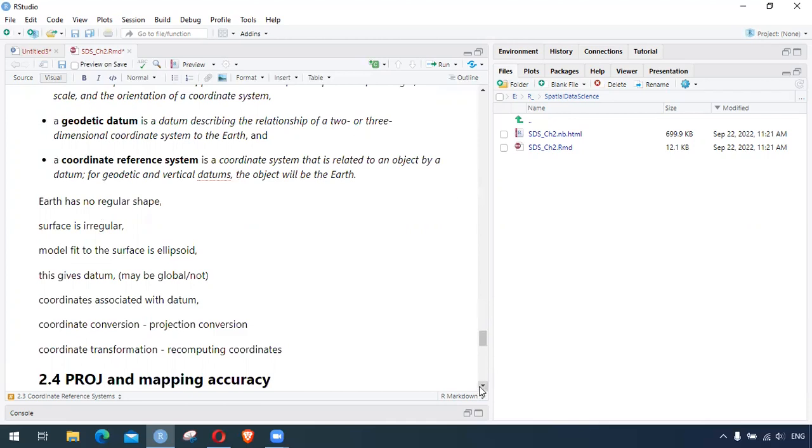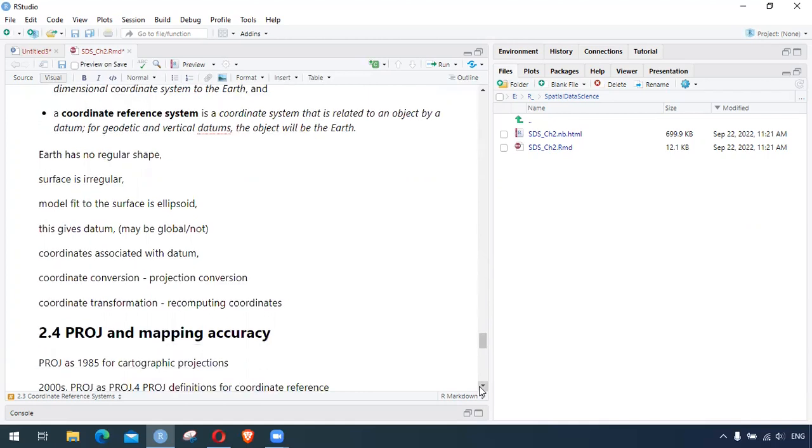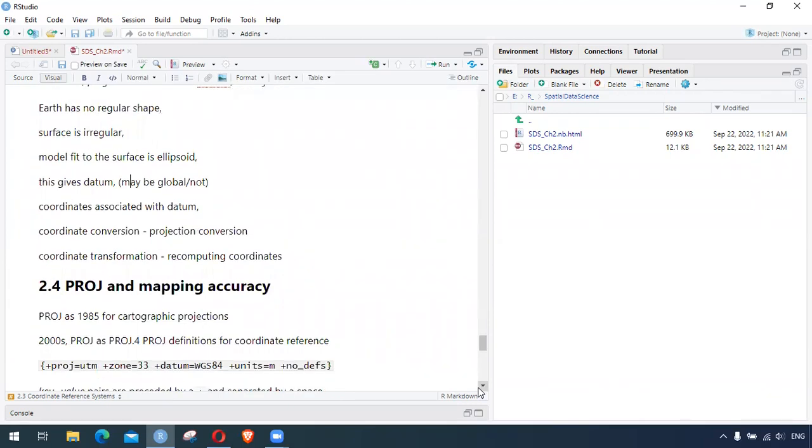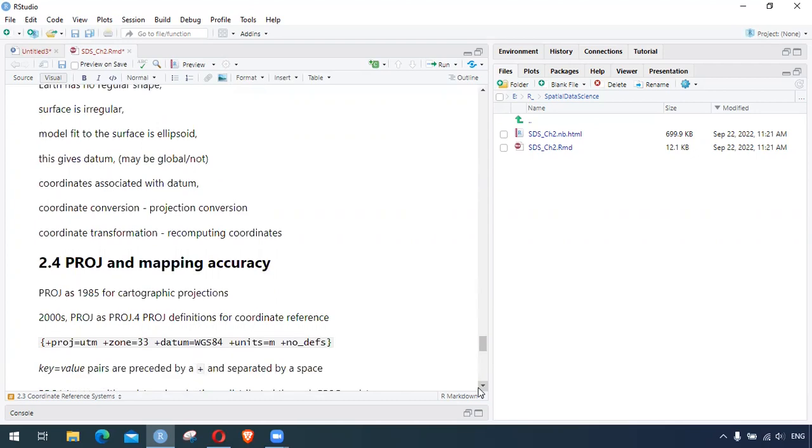And then we have 2.4. It talks about the PROJ project, a package based on the C language, and it tells the history, how it came around, and what each development or each person contributed.